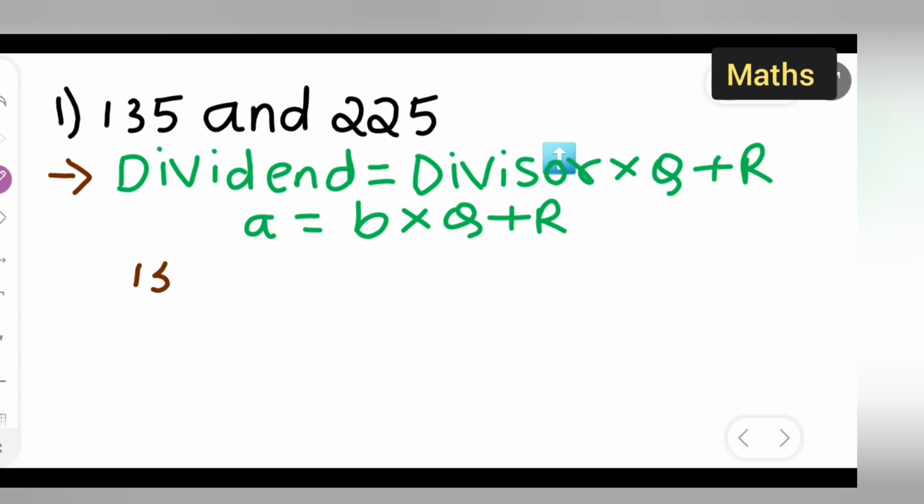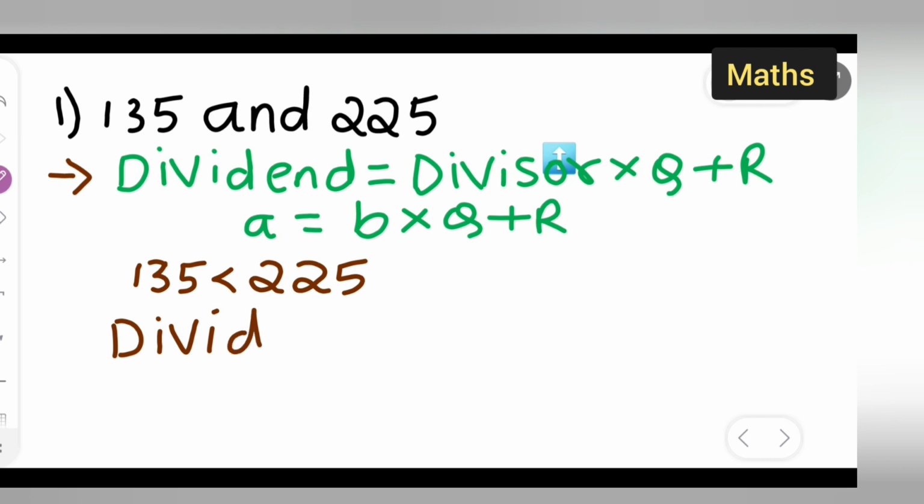So here the first thing was to identify, right? Here 135 is less than 225. That means 225 is the greater number. So here your problem starts. What is your dividend? Now let me explain this part properly. We are talking about the dividend and we need to know what the divisor is.